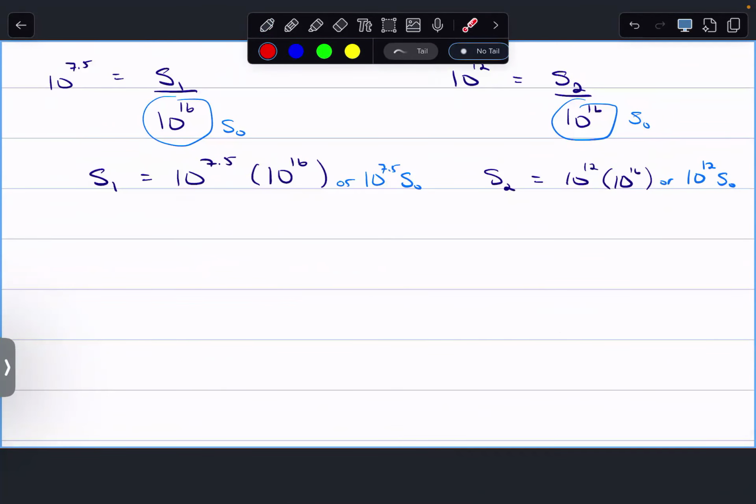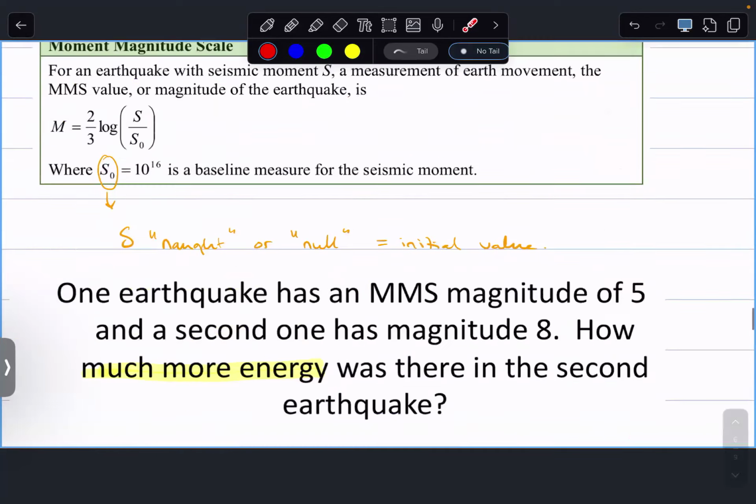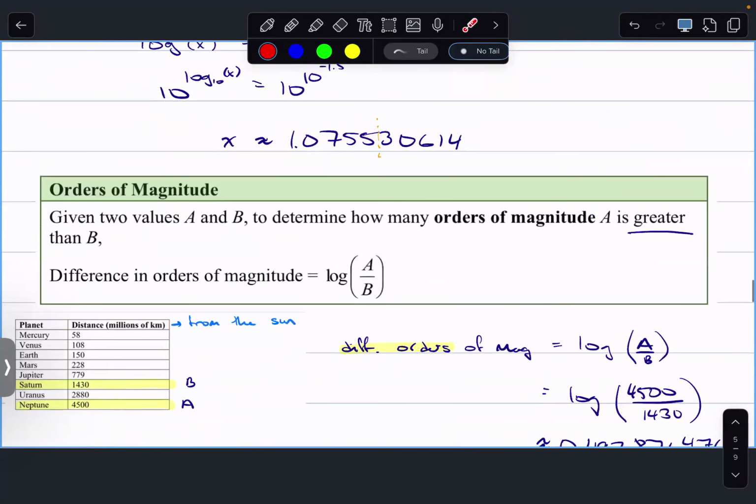Okay. So now I have S1 and S2 in terms of just massive numbers, but I want to know how much more energy there was in the second earthquake. So in terms of orders of magnitude, I'm going to have the log of the bigger one over the smaller one.